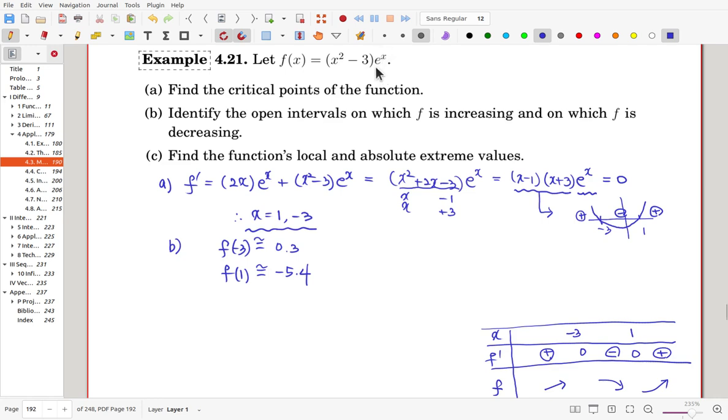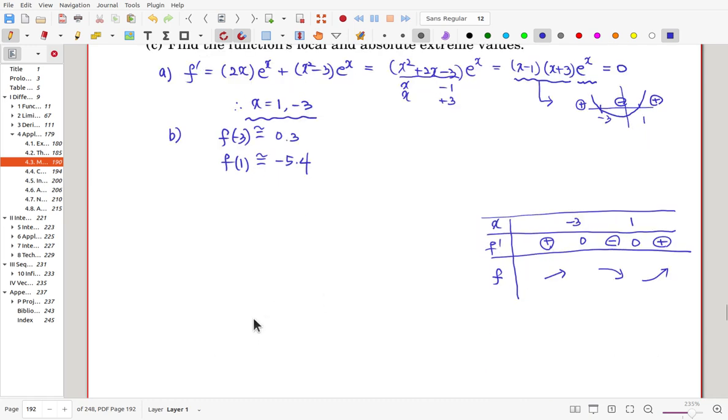Now e to the x will go to 0 much faster when x becomes smaller, when approaching minus infinity, so this value is reducing to 0 much faster than that one, so later we'll study that. But anyway, we can sketch in this way.